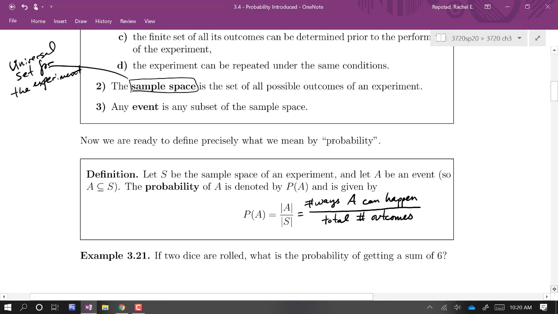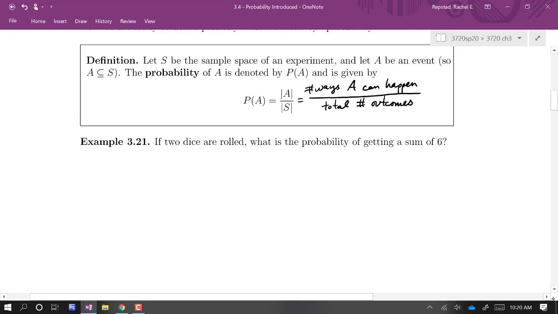So for example, suppose I roll 2 dice and I want to know what is the probability of getting a sum equal to 6. From the counting stuff that we've done, we already know that if I'm rolling 2 dice, the size of the sample space is 36, 6 ways for each die to come up. And we want to get a sum of 6. So let's let our event A be that we get a sum of 6.